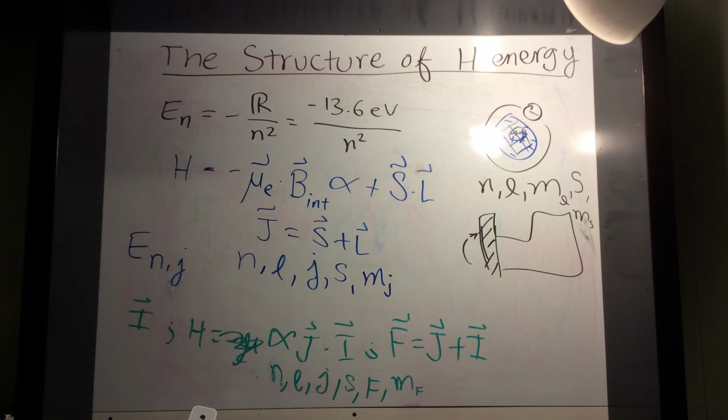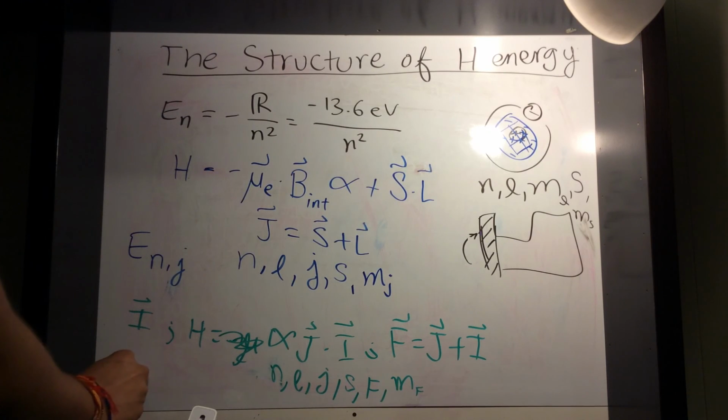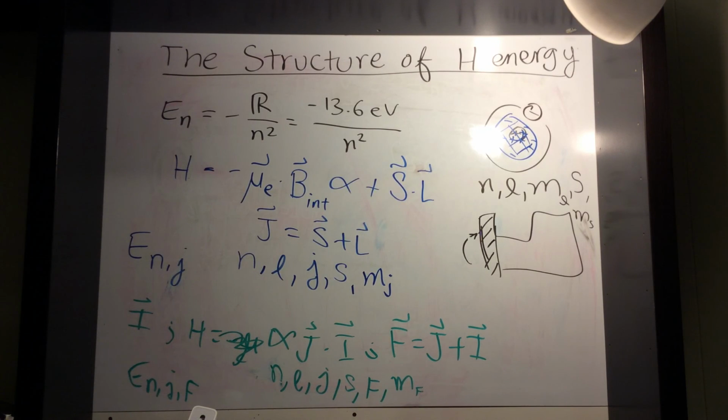And the energy levels now depend on different values of n, J, and F. You can have different effects. Now, when you have an external electric and external magnetic field, then you get different splittings of energies, and it becomes even more complicated, or more fun.